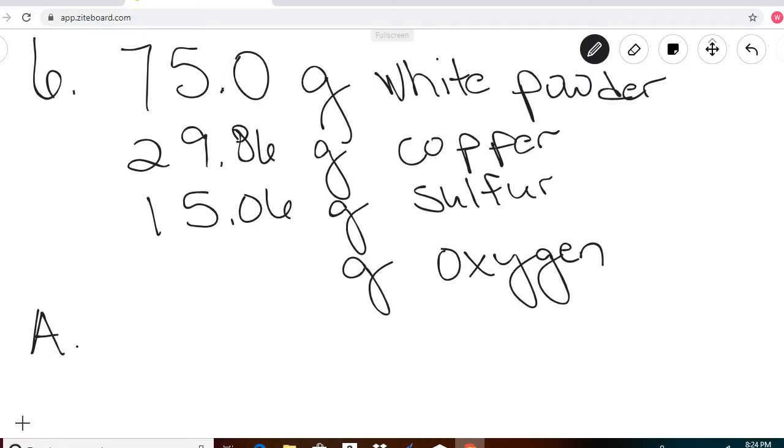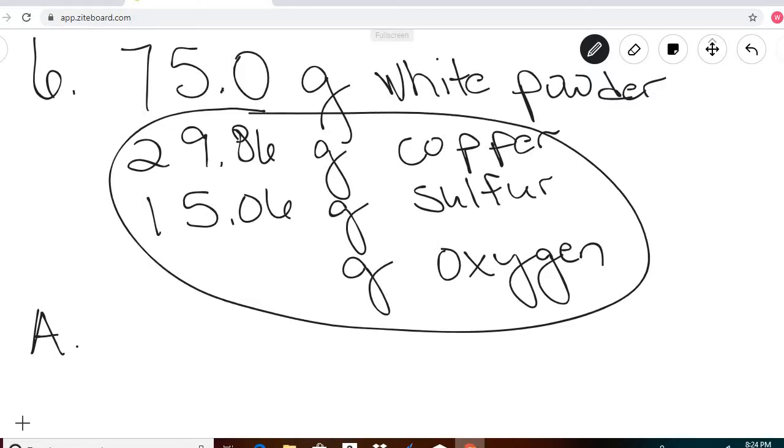Okay, so if you start with 75, then the mass of these 3 needs to add up to 75. So 75 minus 29.86 minus 15.06. And that will give us, for the oxygen, 30.08.